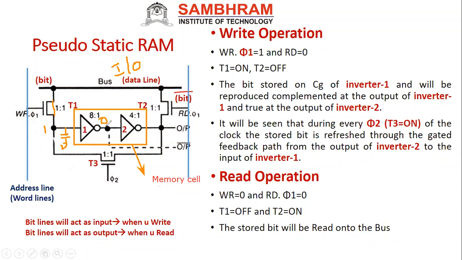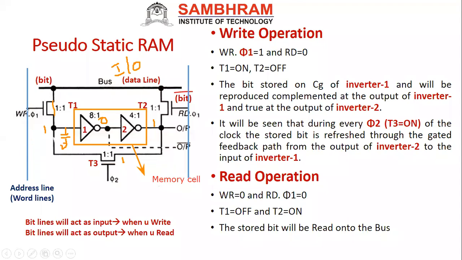Then inverter 2 gives the true output. For example, if it is 0 here, then I will get 1 here. This 1 will come over till here, but it will not be passed once again. The value 1 is held in the memory cell.